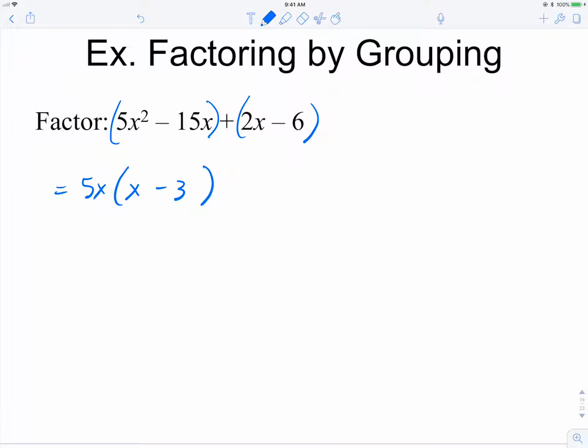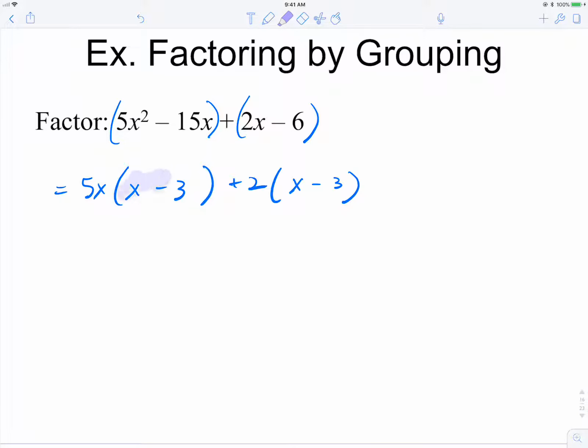Okay, then I look at the next grouping, and the GCF of 2x and 6 is going to be 2. And 2 times x minus 3 would give me 2x minus 6.